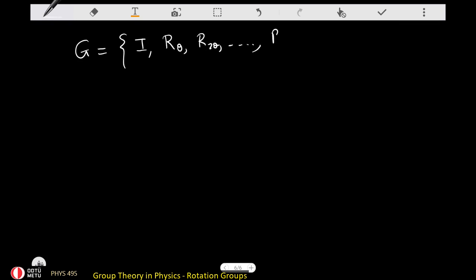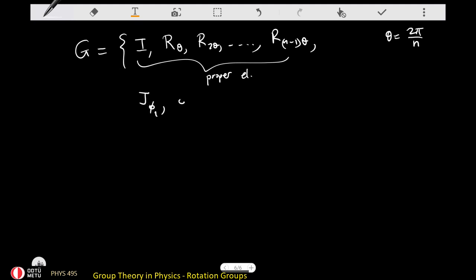Let me just write it down like that, up to n-1 times theta, where theta is essentially a rotation by 2 pi over n. Okay, so that means n elements are proper. These are the proper elements of the group. And then there should be some improper elements in here. So these are basically reflections by some angles, phi 1, phi 2 and so on. And there should be exactly n of them.